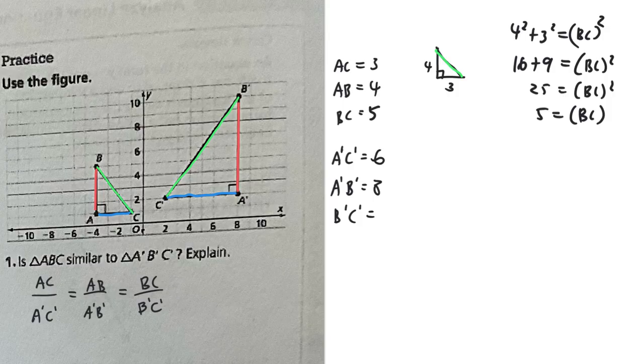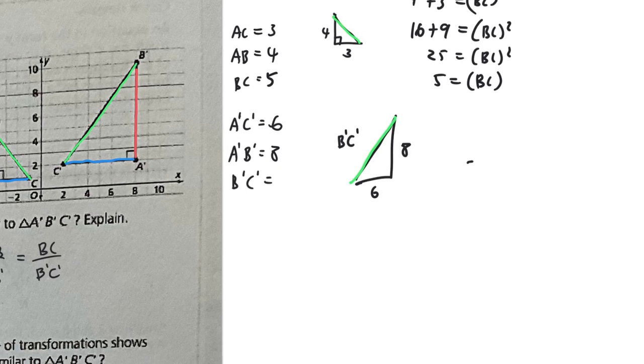I think my student watching recognizes that the larger triangle kind of sort of looks like this. We have this green one. I think my student watching understands that this is 8, this is 6, and this is B prime C prime right there. And that would be 8 squared plus 6 squared equals B prime C prime squared.